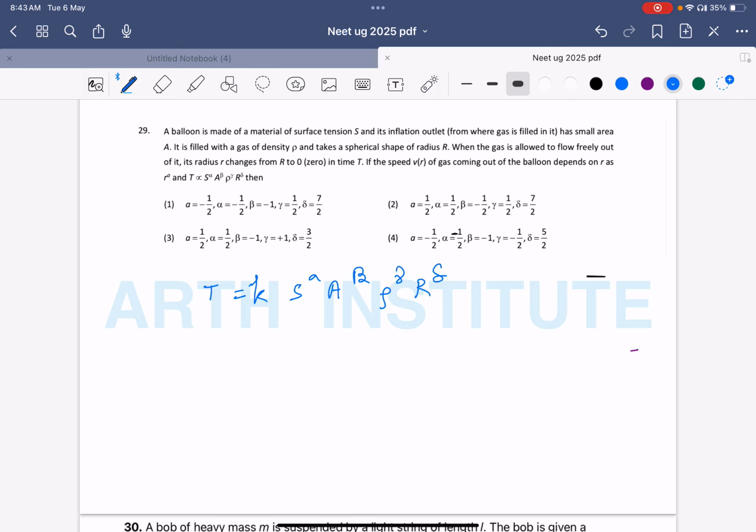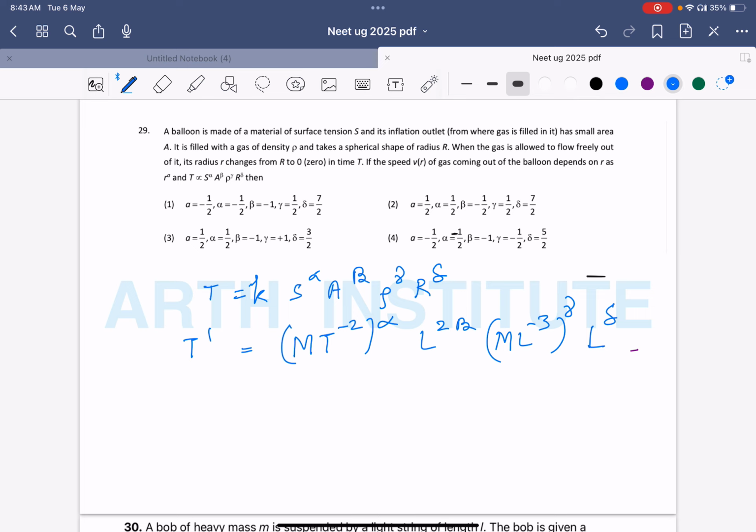Then using dimensional analysis, you can see the dimensions: s is MT^-2, a is L^2, rho is ML^-3, and r is again L to the power delta.